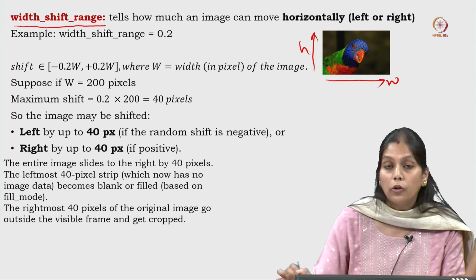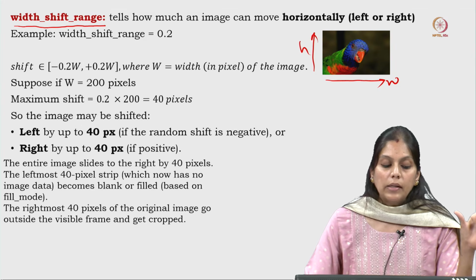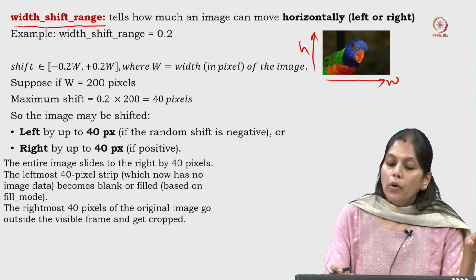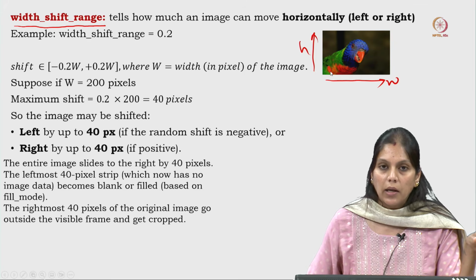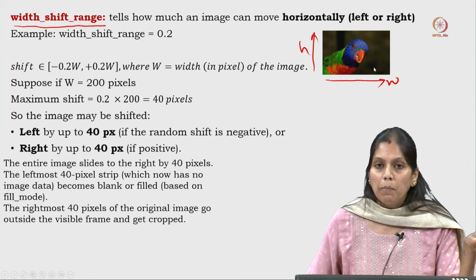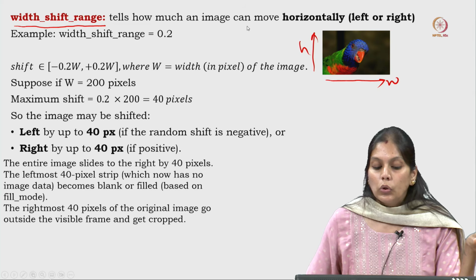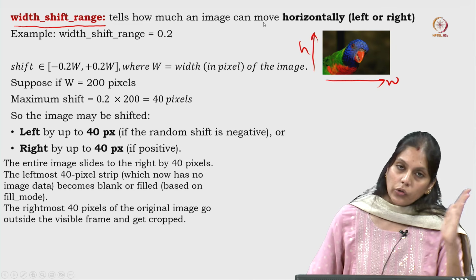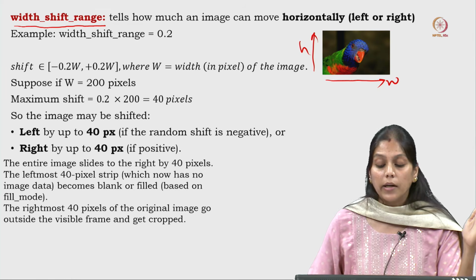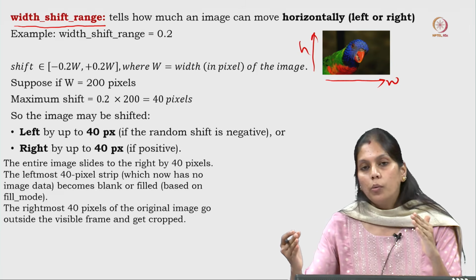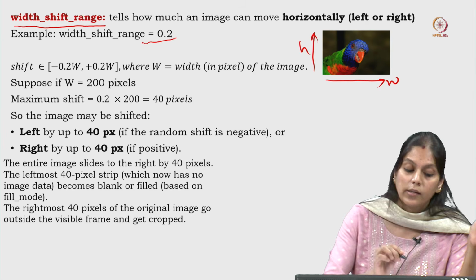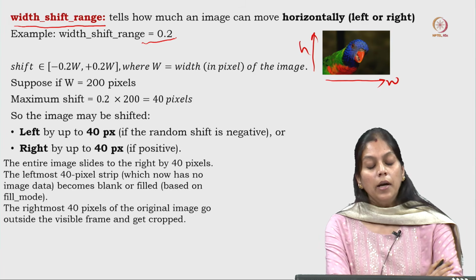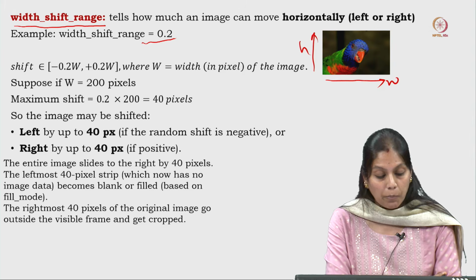Now, what does this width shift range tell? We are able to move this image right, or we are able to move this image left. So, we can move the image horizontally towards the left or towards the right. How much you want to move towards the right, how much you want to move towards the left is the value that we are going to fix. If you see here, the value that we have fixed is 0.2.